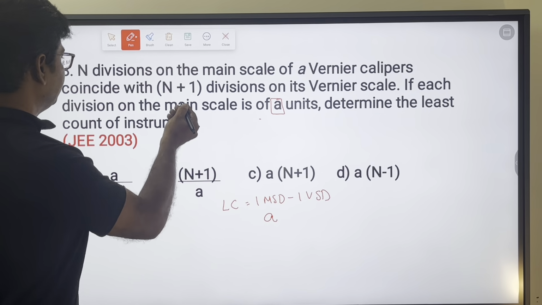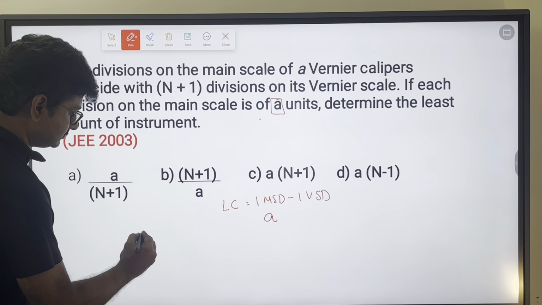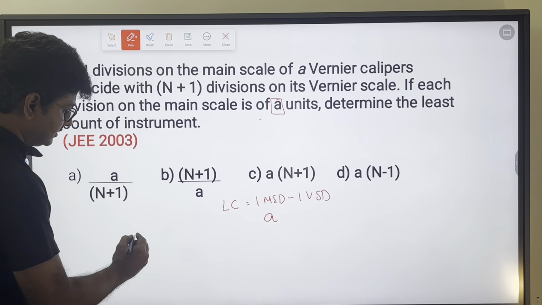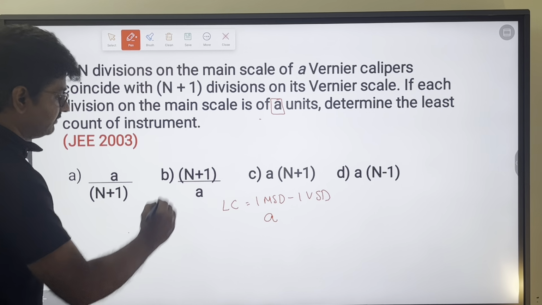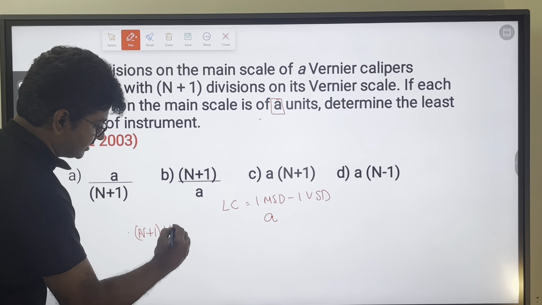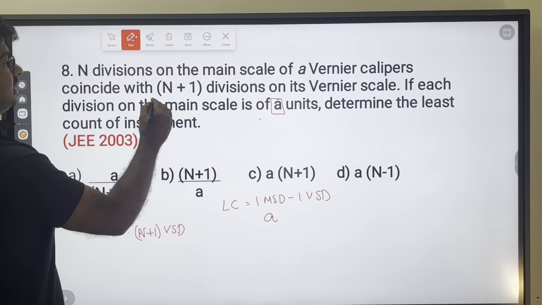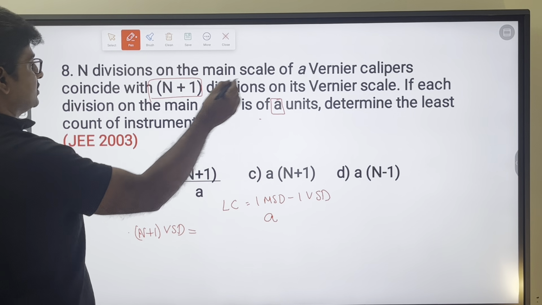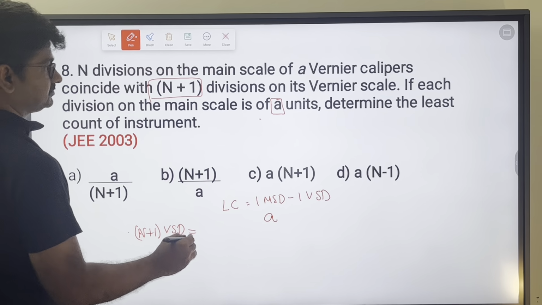So what is the thing given here? For the least count what we needed is VSD. Here it is given n plus 1 vernier scale divisions. You can see here n plus 1 divisions on vernier scale is equal to n divisions on main scale.